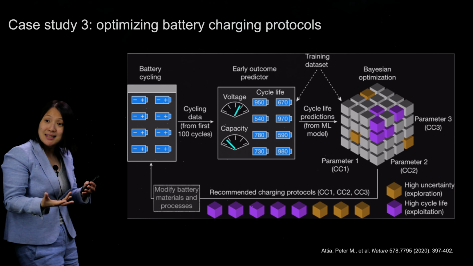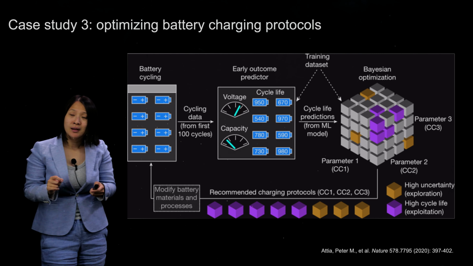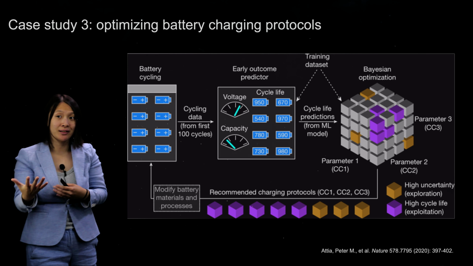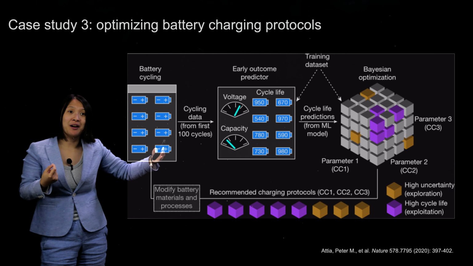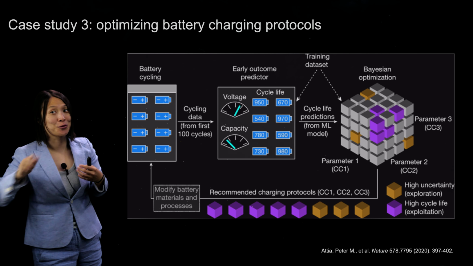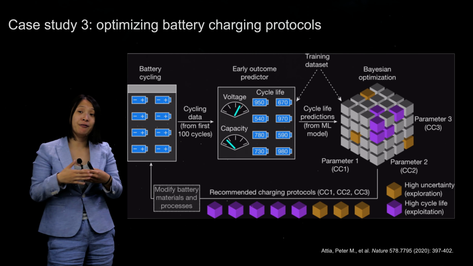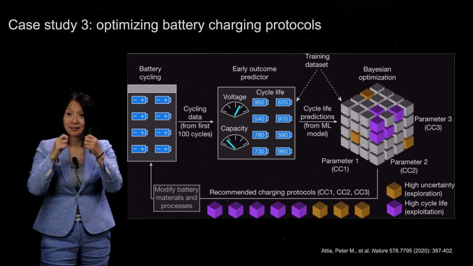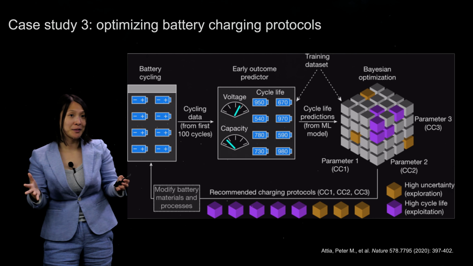So in this study, you can see a key challenge of optimizing battery charging for battery lifetime is that batteries can take years to reach the end of lifetime. So if we just wait until all the batteries reach the end of life, it's a long time.